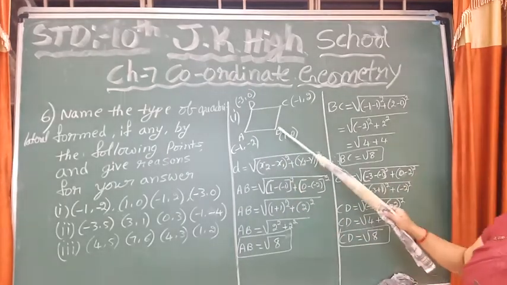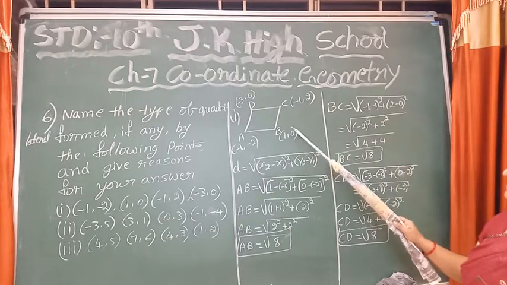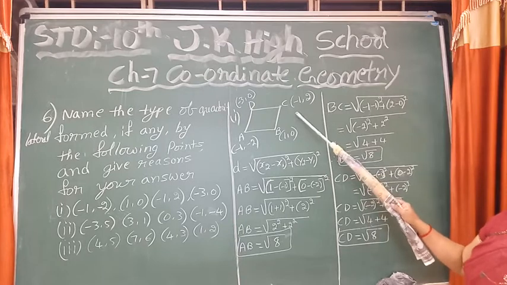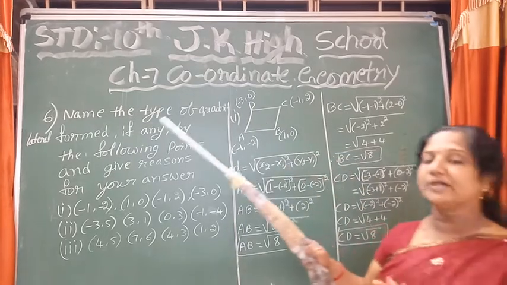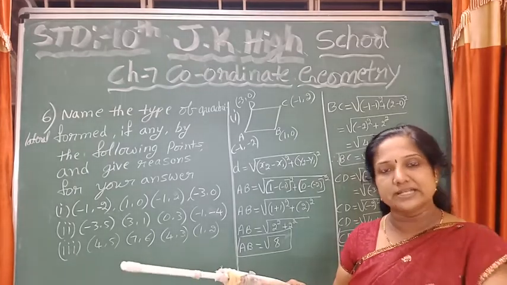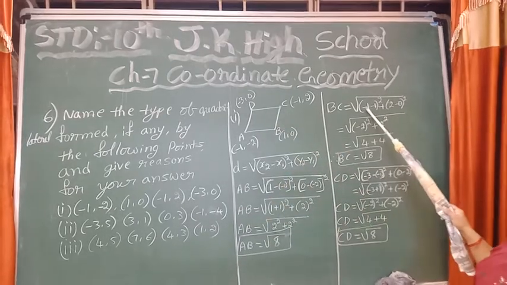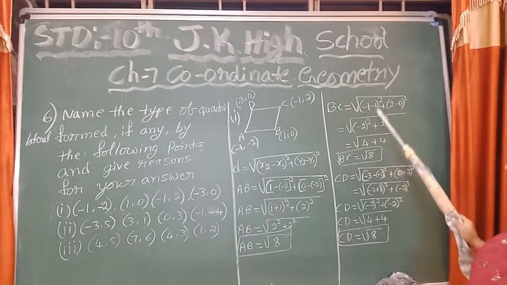In the same way, I will find the distance between B and C. I am taking this as x1, y1 and this as x2, y2. Between whichever points we have to find the distance, we consider the first point as x1, y1 and the next point as x2, y2, substitute in the given formula, that is the distance formula, and then simplify.